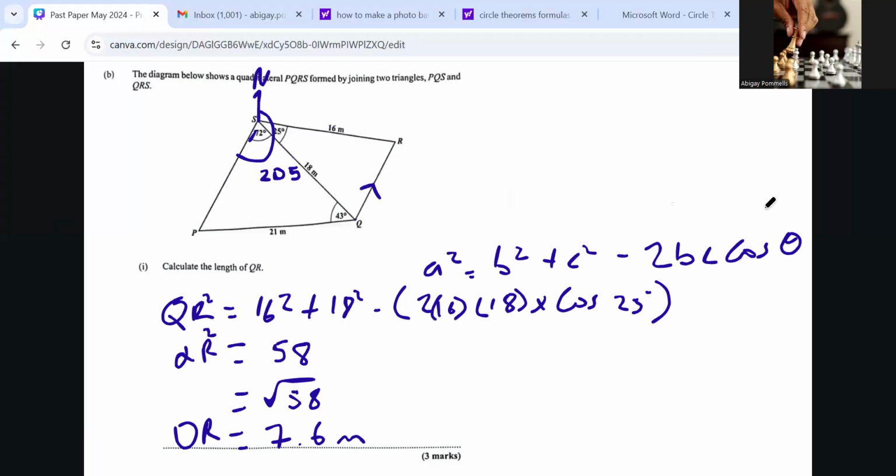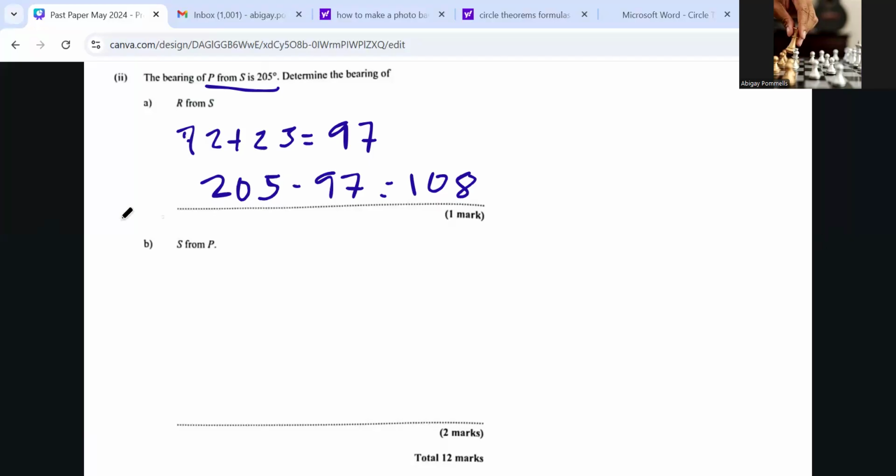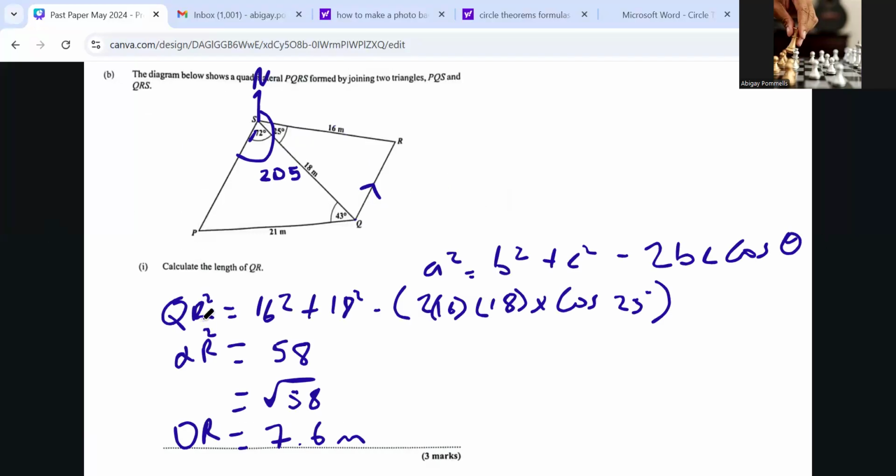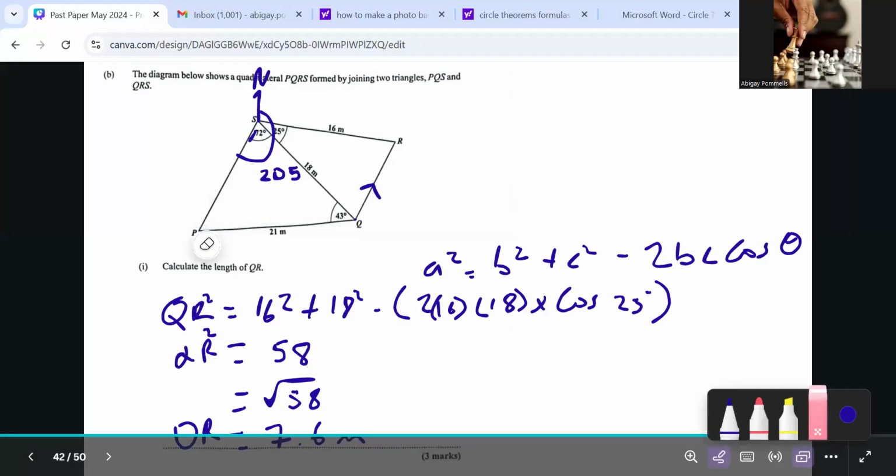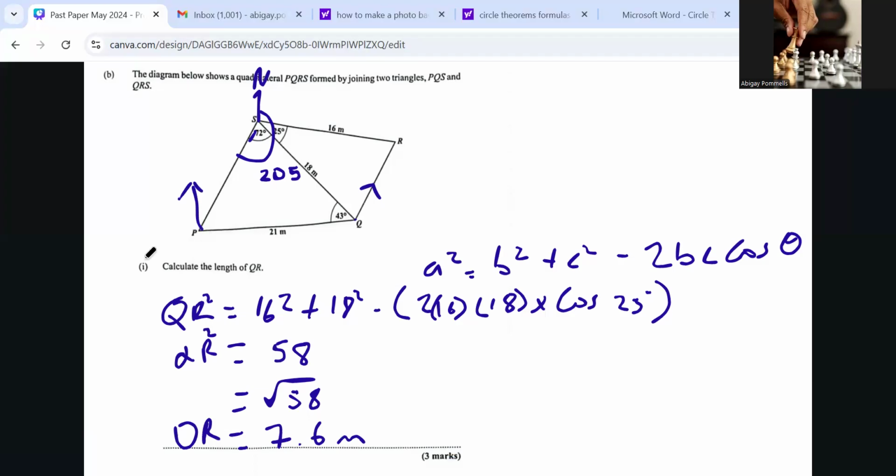And then we're going to calculate S from P. So we're going to put our point at our N at P. And from P to S, right here is what we're trying to find.